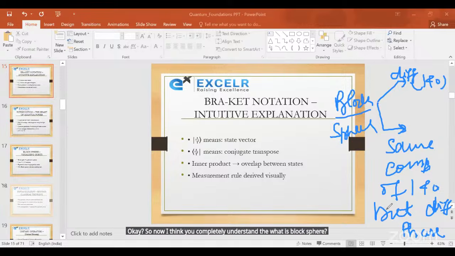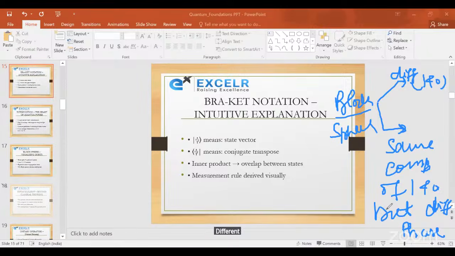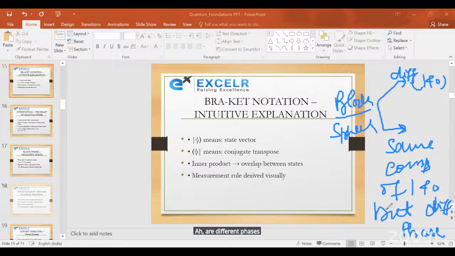It is used to represent the different states of different combinations of 1 and 0, as well as, within the same combination of 1 and 0, the different phases. Combined, everything can be represented in a Bloch sphere.